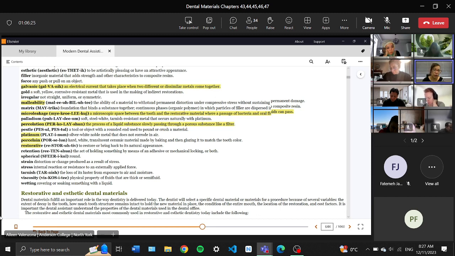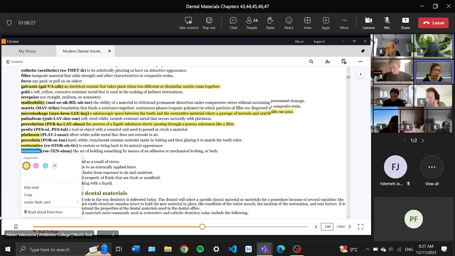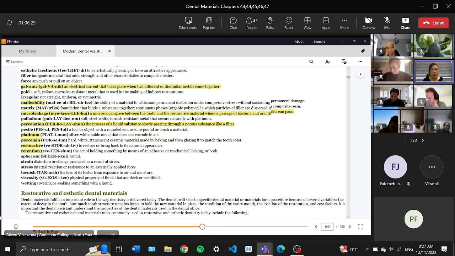Retention, very important to remember. What is retention? Retention, the act of holding something by means of adhesive or mechanical locking or both. So retention means to hold, retention means to lock. When we are doing both the amalgam and composite restoration, they have two different methods of retention, and I will show it to you later.